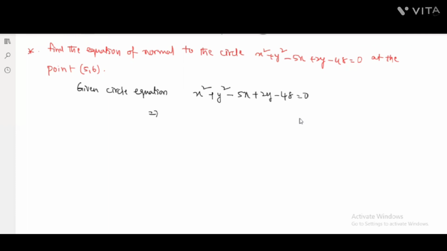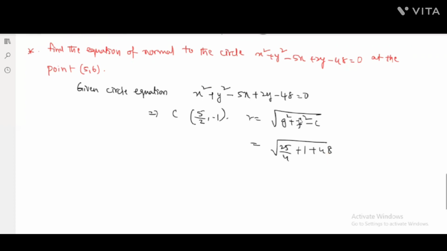So center of this circle is 5 by 2 comma minus 1, and radius will be root over g square plus f square minus c, that is 25 by 4 plus 1 plus 48. So this is the radius of the circle. We can simplify this one, which actually we don't require in calculating the equation of normal.